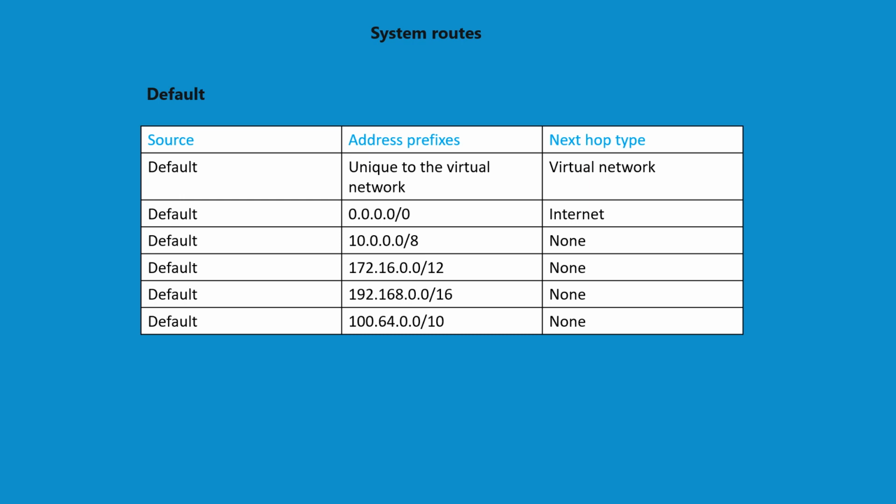Azure creates a route with an address prefix that corresponds to each address range defined within the address space of the virtual network. If the virtual network address space has multiple address ranges defined, Azure creates an individual route for each address range.